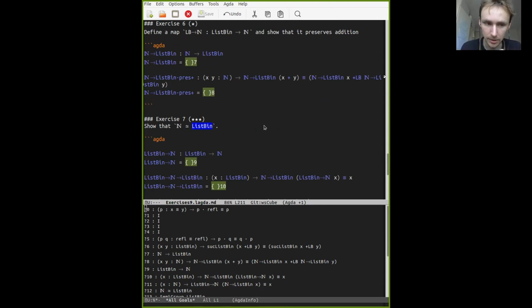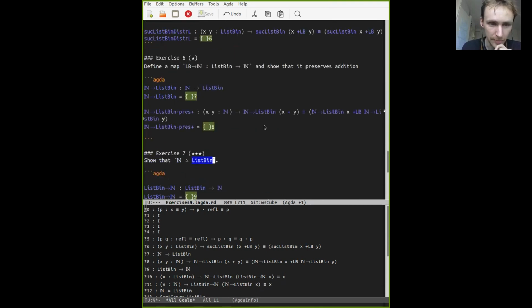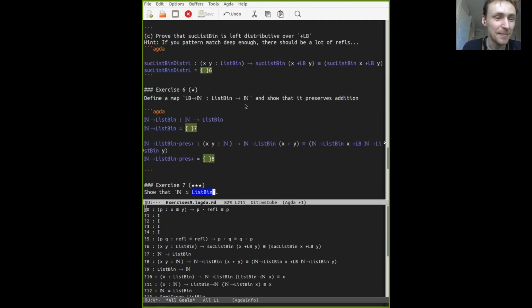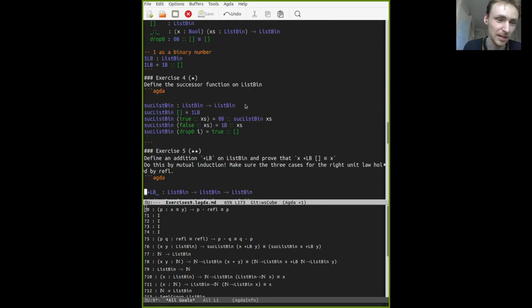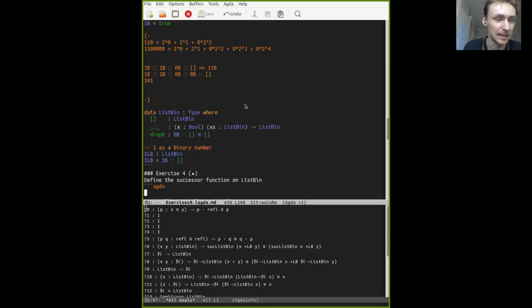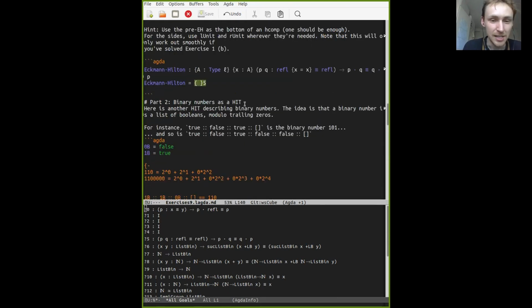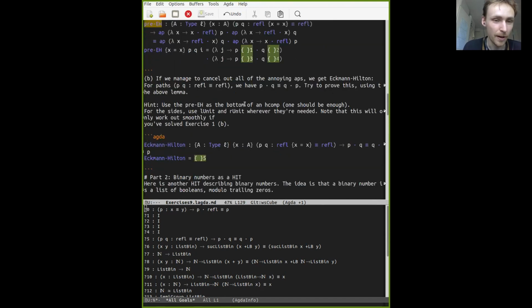I'm going to make them a bit nicer now because I realized I've been pattern matching way too deep, which is something that happens often. And I'll finish off with a spicy exercise. This is a bit of a bonus exercise, so don't feel obliged if you're not interested in silly homotopy computation stuff. Okay.